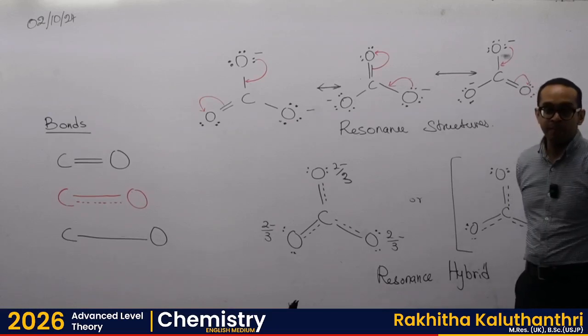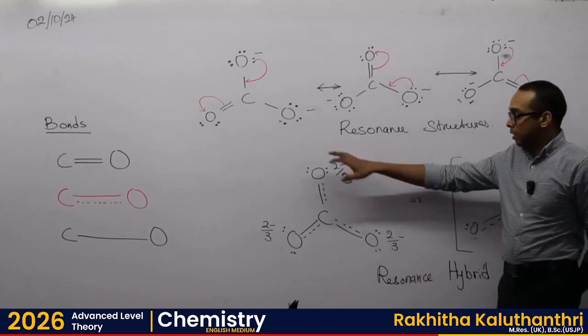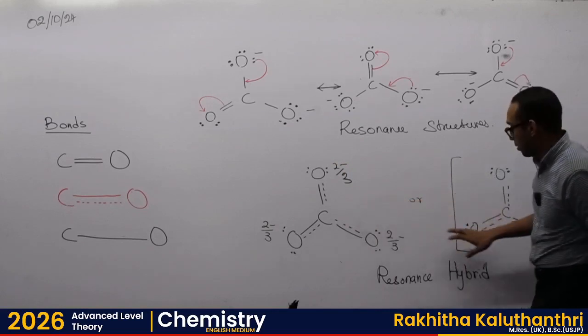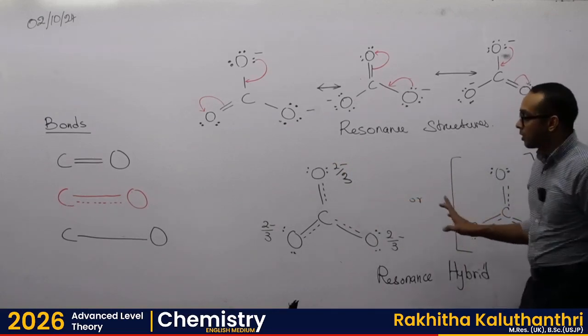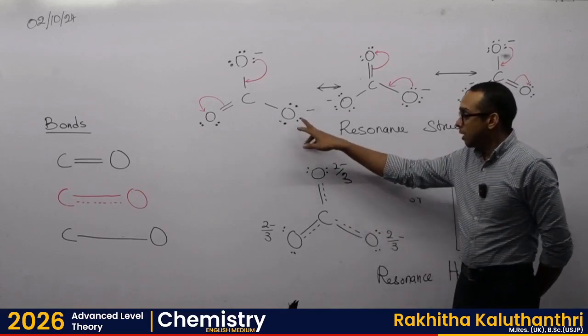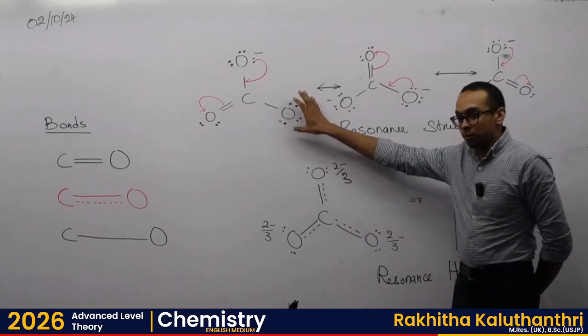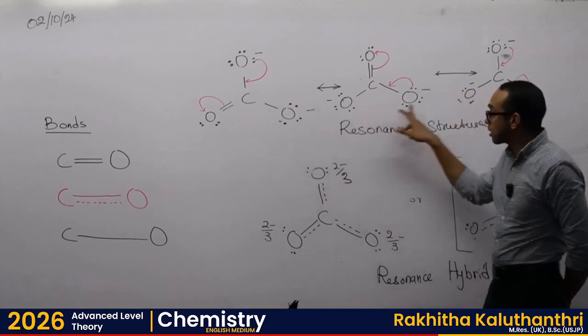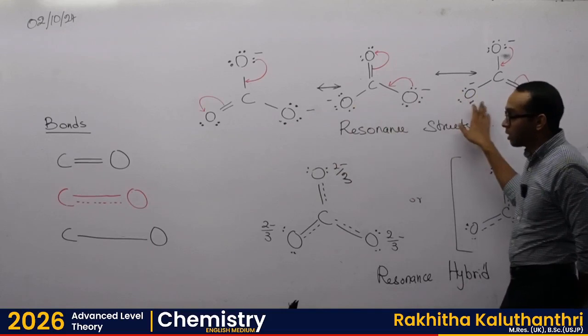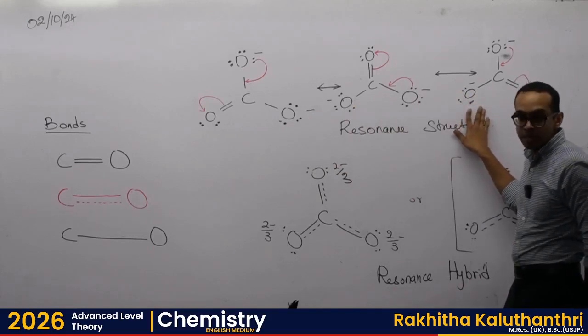So let me explain what I mean by that. Do you see this is the resonance hybrid, right? We can draw it like this as well. The resonance hybrid got formed due to these resonance structures. But all of these resonance structures are equal or equivalent resonance structures.